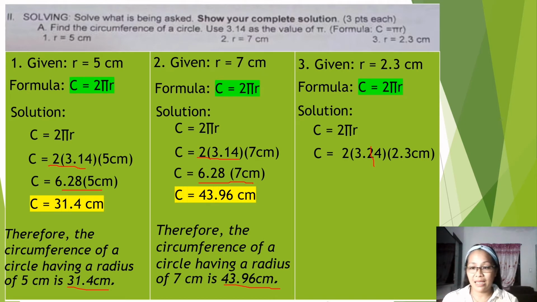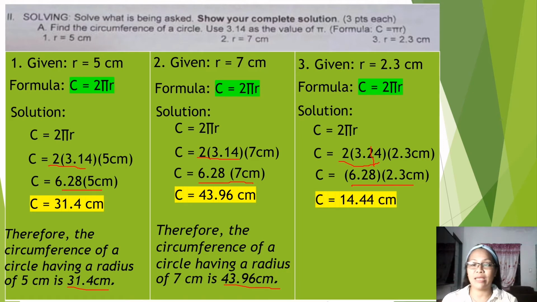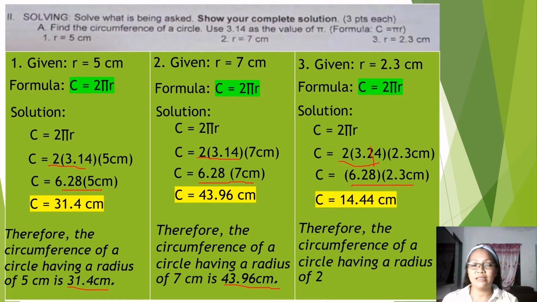Then multiply 2 times 3.14 first. So we have now C equals 6.28 multiplied by 2.3 centimeters. And 6.28 times 2.3 centimeters, we have 14.44 centimeters. Therefore, the circumference of a circle having a radius of 2.3 centimeters is 14.44 centimeters.